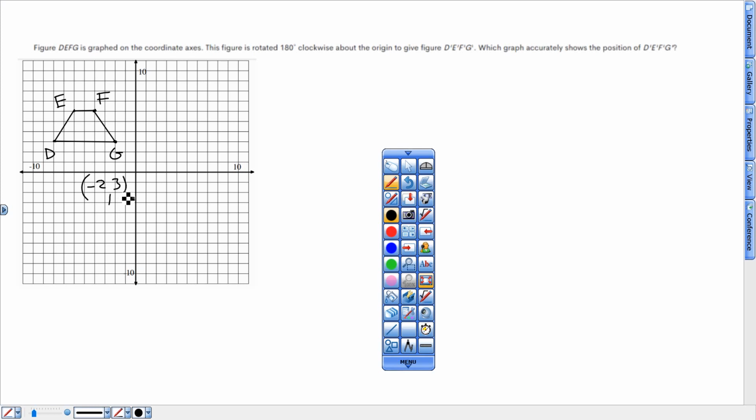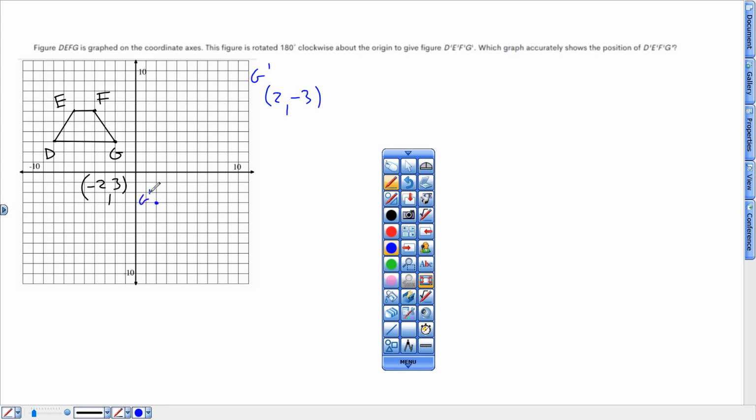If I opposite that, that will become +2 and -3. Opposite those, that's the new G prime. Notice I didn't flip nothing. That's only quarter turns. Opposite is when you do 180. Leave the points alone, but just opposite them. So -2, 3 becomes 2, -3. That's the new G prime.